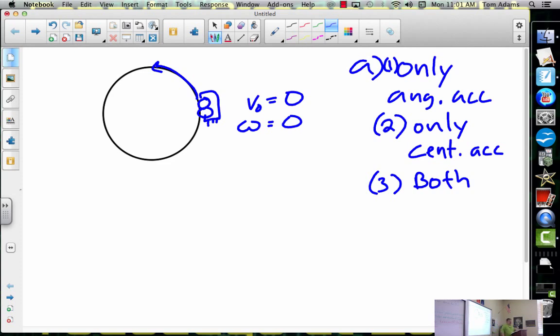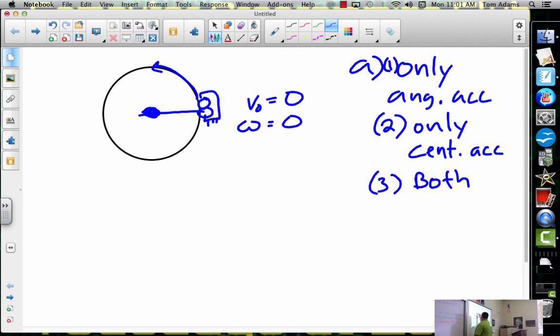Angular acceleration is our angular velocity, right? Our angular velocity or our angular speed is based on the angle changing. We can accelerate that. So when we talk about angular, here's the center of the circle.